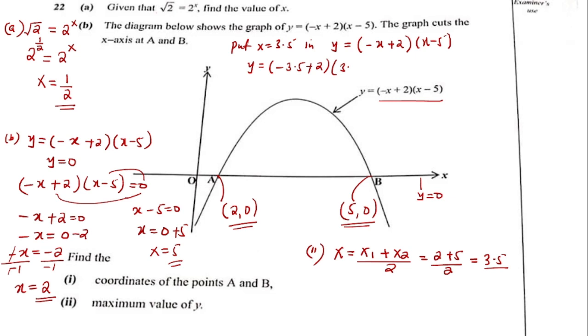So negative 1.5 multiplied by negative 1.5, that will be positive. So 15 multiplied by 15 is 225. So meaning this will be 2.25, okay, as the maximum value of y, or you can say this is equal to 9/4 if you convert it to a fraction.